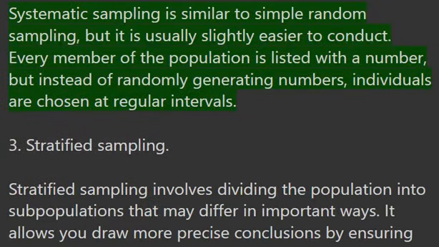Systematic sampling is similar to simple random sampling, but it is usually slightly easier to conduct. Every member of the population is listed with a number, but instead of randomly generating numbers, individuals are chosen at regular intervals.